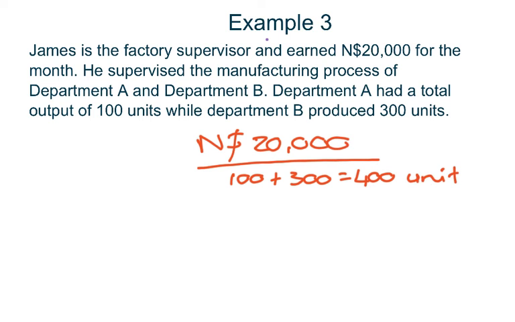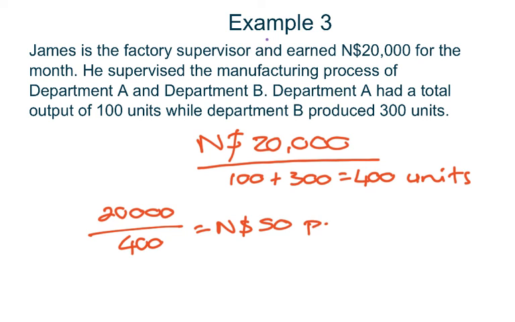All right, so his salary of 20,000 relates to 400 units. So if I take 20,000 divided by 400 units, I will get $50 per unit.